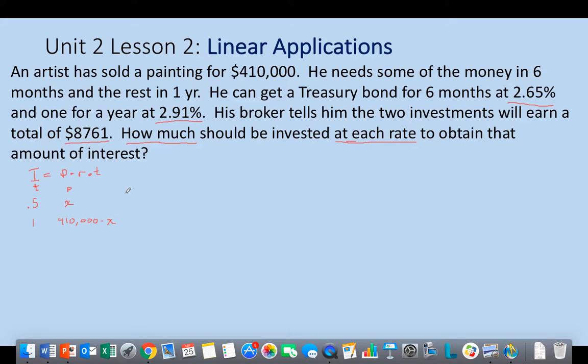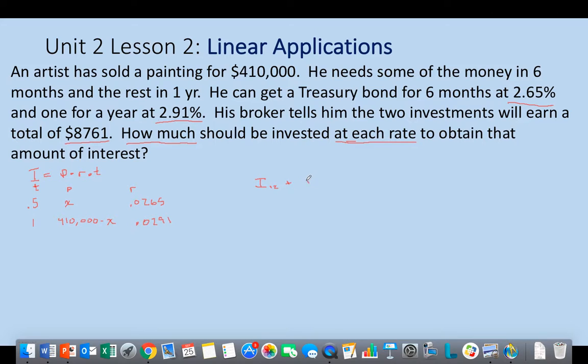And then of course the rate is the other thing. The 6-month rate as a decimal is 0.0265. And the rate for the 1-year thing, that was up here, is 0.0291.